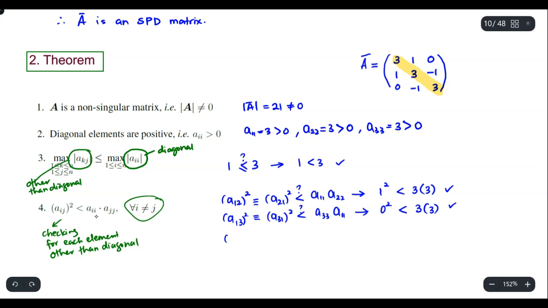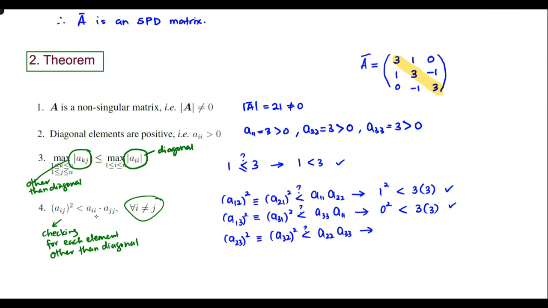Last one, we check A23 square, which is equivalent to checking A32 square. Is it less than A22 times A33? A23 is negative 1, squared. Is it less than, again, 3 times 3?